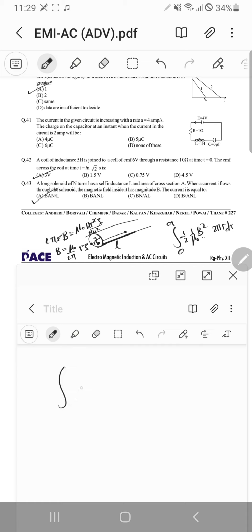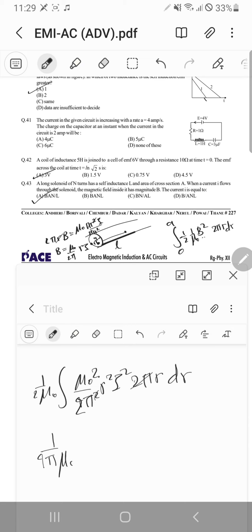So this is the integration of 1 by 2 mu naught, which is out. The magnetic field squared is mu naught squared upon 4 pi squared, r squared I squared, and then you got 2 pi r dr. Some stuff gets cancelled, the 2 pi is cancelled, and this r is going to be r cubed. So it's 1 upon 4 pi, and mu naught is there as well, so it's mu naught upon 4 pi.